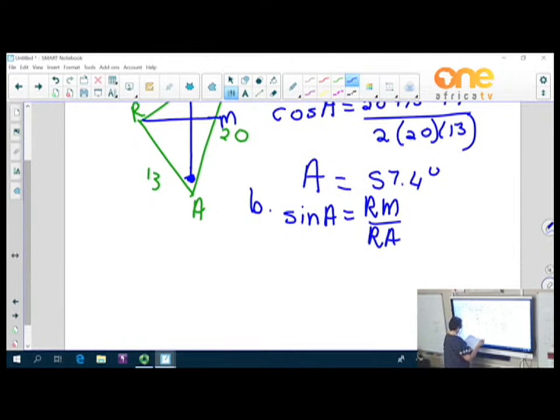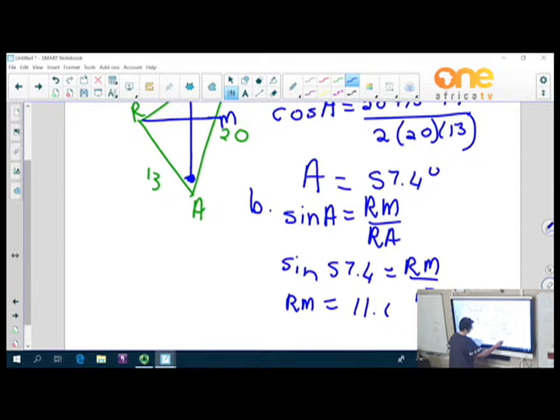And then if we substitute, it is sine 57.4 degrees, the angle that we got now there, equal to RM over RA, which is 13. So then top times 13, multiply with that one. So RM is 11 kilometers there.